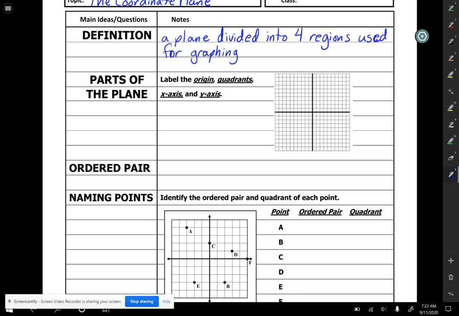So for instance, this is the origin, it's the very middle, okay? And the origin is the coordinate point 0, 0, since it's in the very middle. Okay, our quadrants, we start in this top right corner. This is quadrant 1.